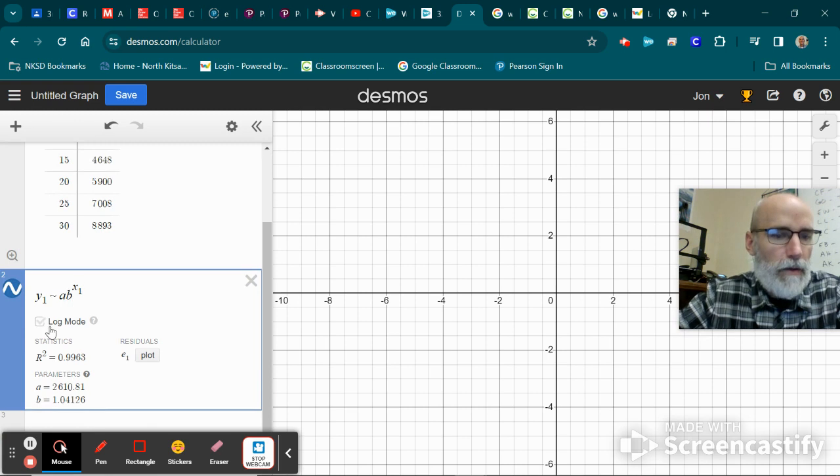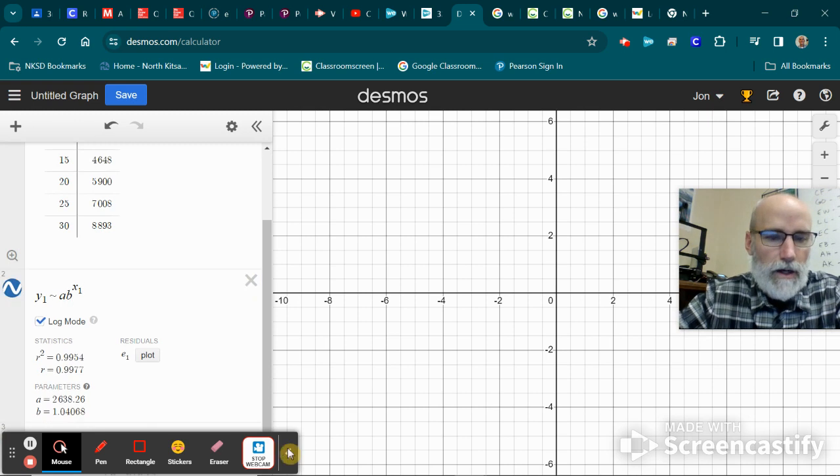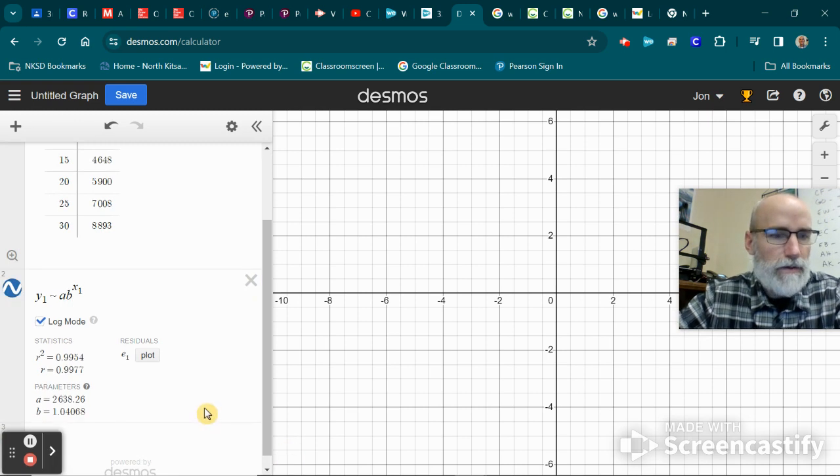Now remember, we want log mode turned on. Log mode is a technique for calculating the a and the b that is the same as a graphing calculator technique, and it's what the textbook wants to use. Like I said, the least squares fit technique it's using is beyond the scope of our class, so we're not worried about that.